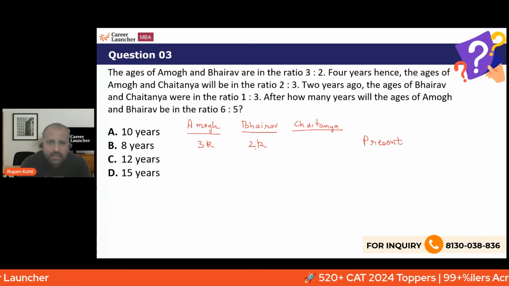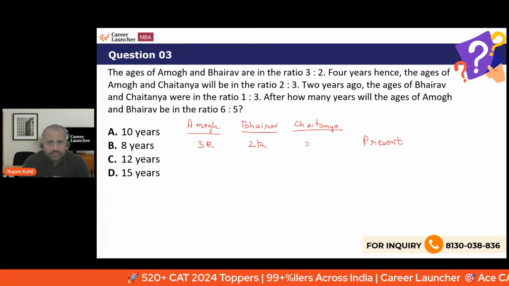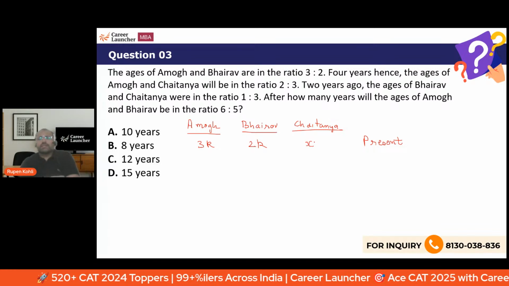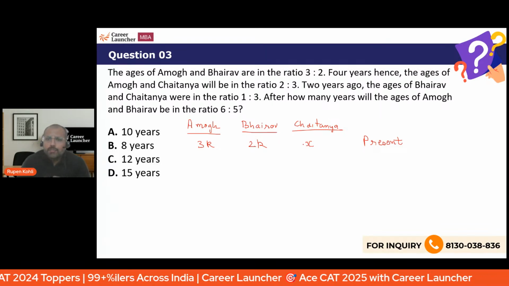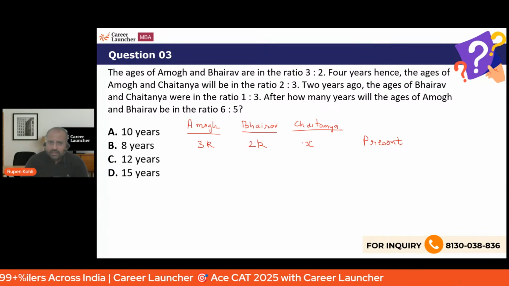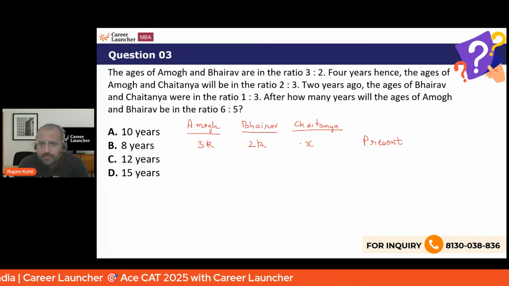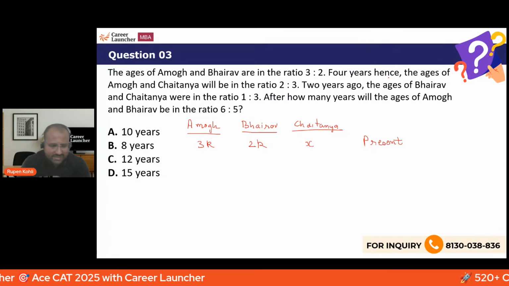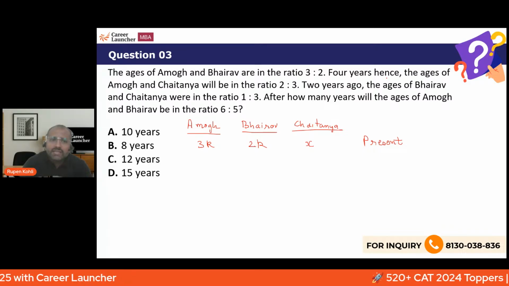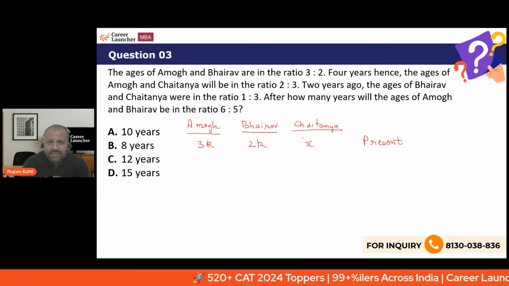Let that be the starting point. Chaitanya, let that be a third variable, let's say some x. Because for Chaitanya, as such, nothing is given, but he's mentioned in the further statements. 4 years hence, 4 years from now, the ages of Amog and Chaitanya are given to be in the ratio of 2:3. So let's write the equation for that, right?